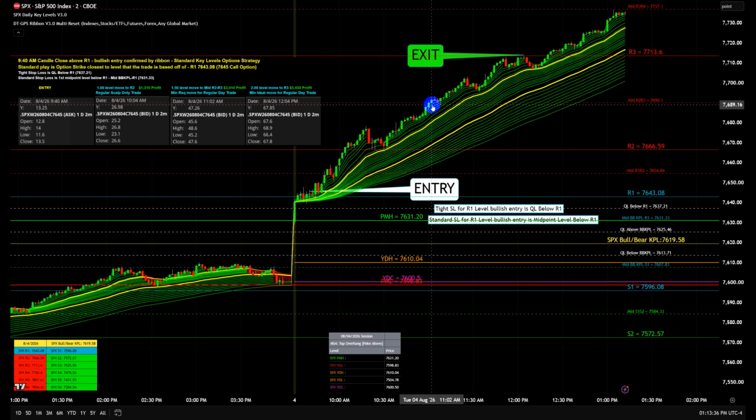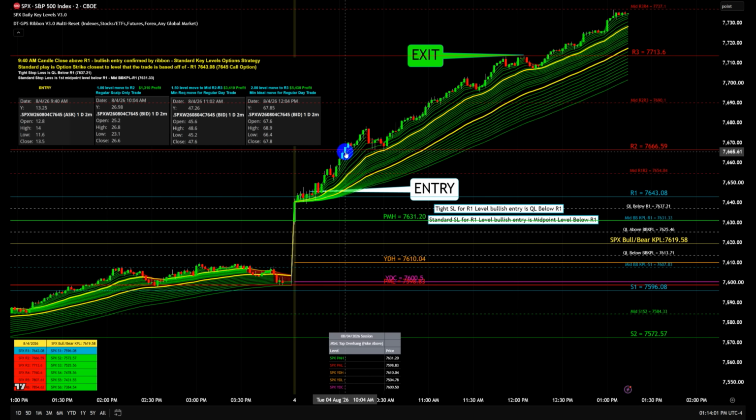So one is going to be a scalp only trade. A scalp only trade is a one level move in your favor. The one level move with this indicator is based on the level that you're basing the trade off of. So in this case, R1. So a one level move on a bullish trade from R1 is R2.